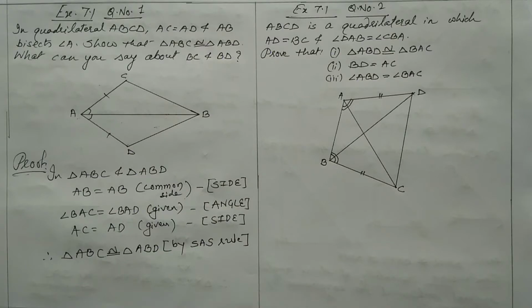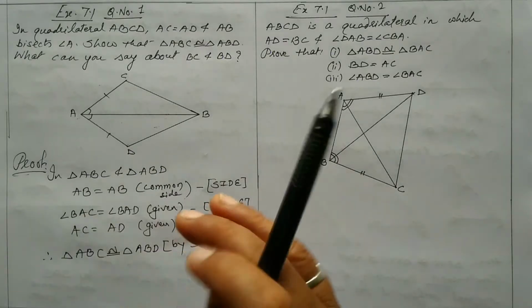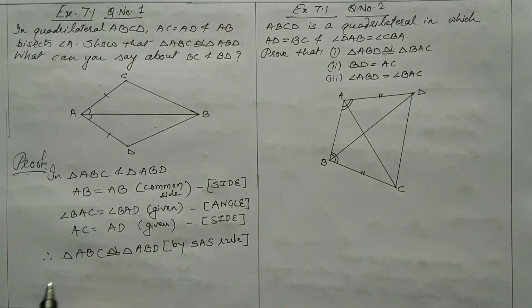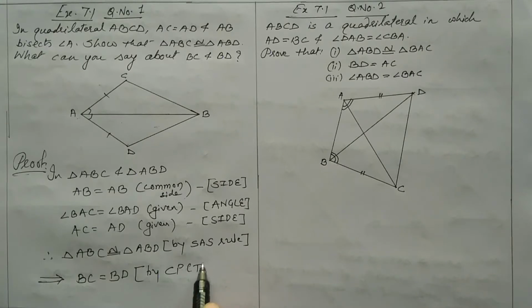Now they are asking, what can you say about BC and BD? Now you proved these two triangles congruent, therefore the remaining parts are congruent. So it implies that BC is also equal to BD. Reason? By CPCT, corresponding parts of congruent triangles. Hope you have understood this question number 1.